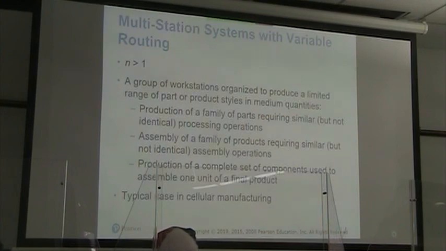Our multi-station systems with variable routing, again, n is greater than 1. So we have a group of workstations where we produce a limited range of part and product styles in medium quantities.